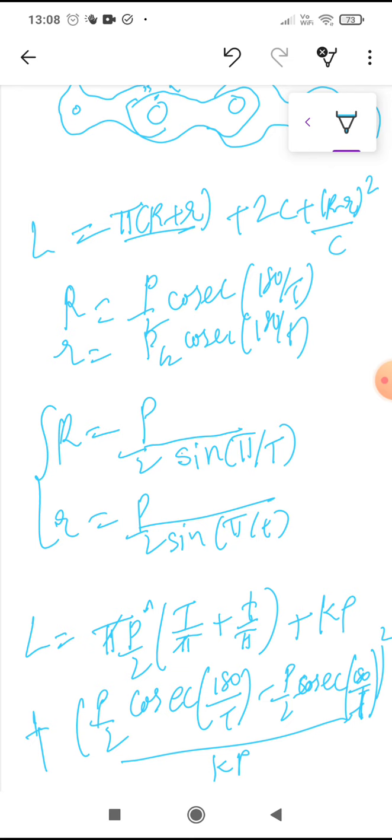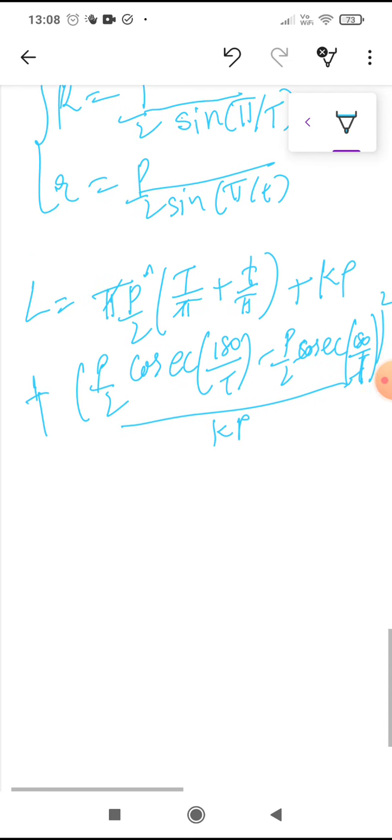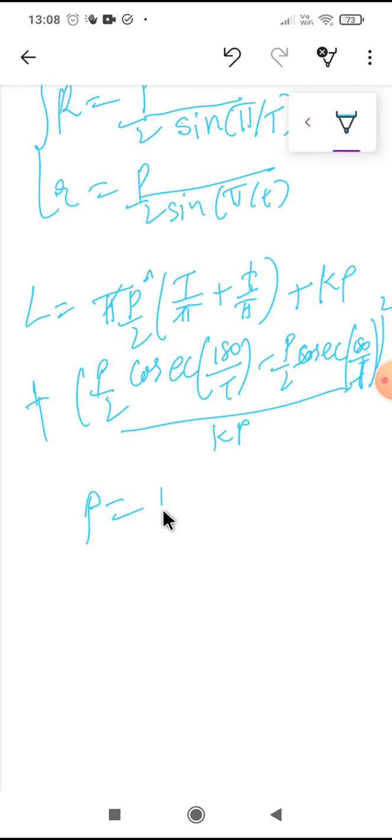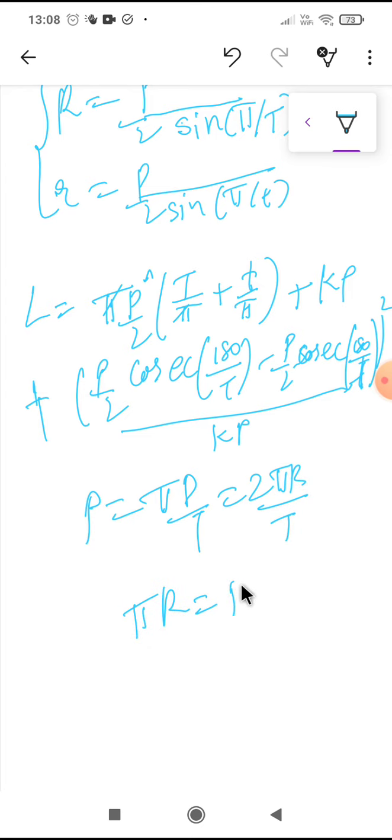Now also the circular pitch p can be written as pi d by t. So you can also write it as 2 pi r divided by t. So pi r can be written as pt divided by 2.